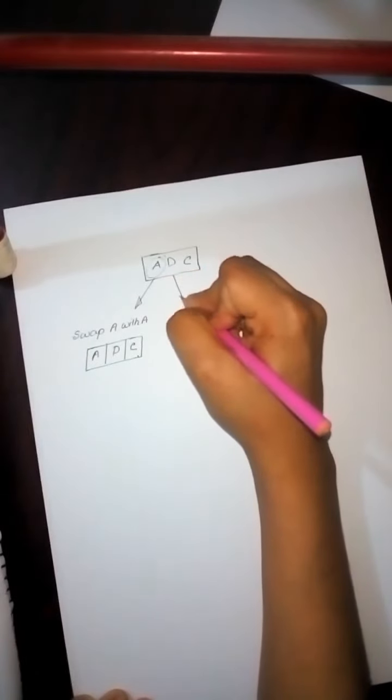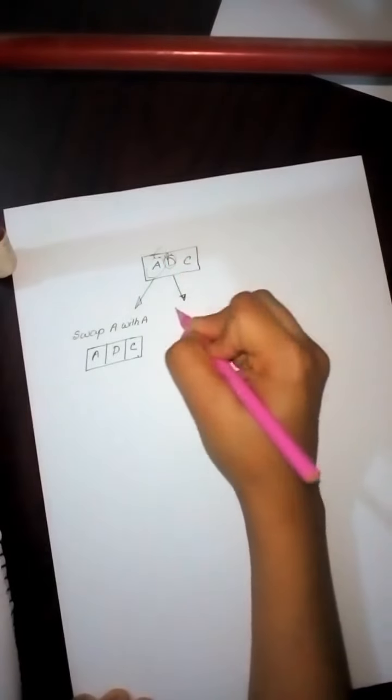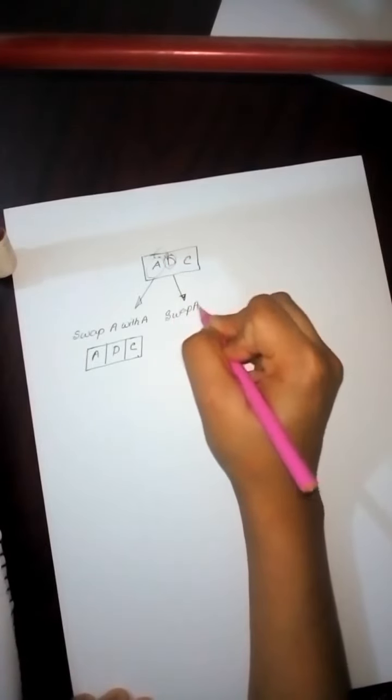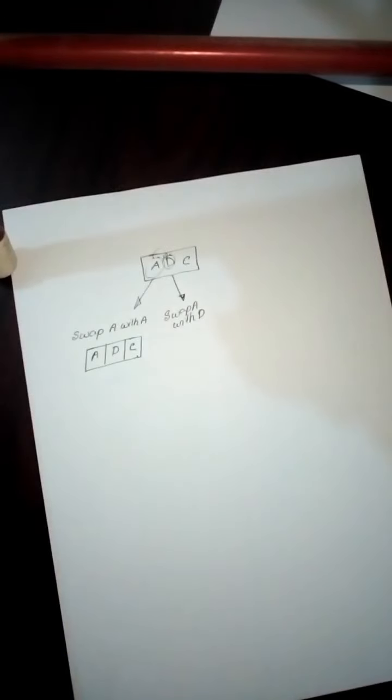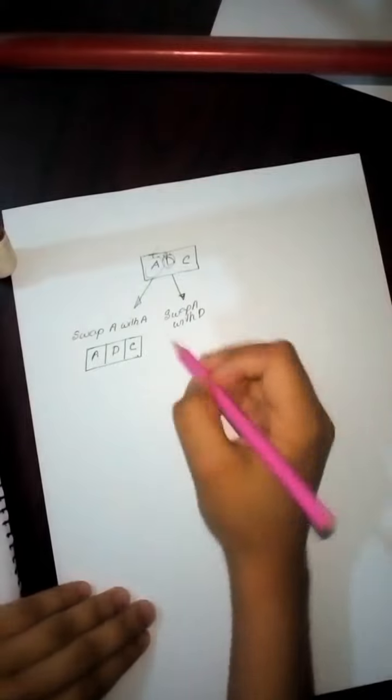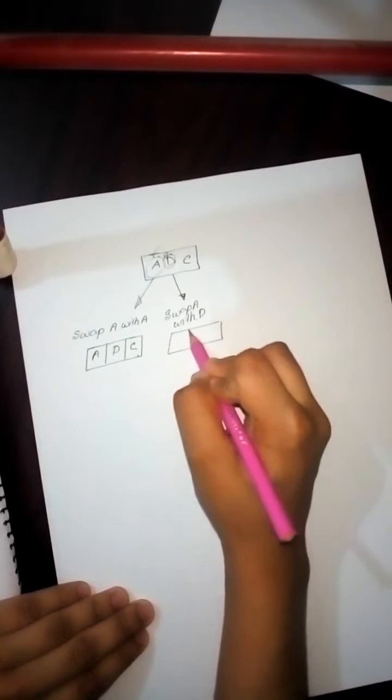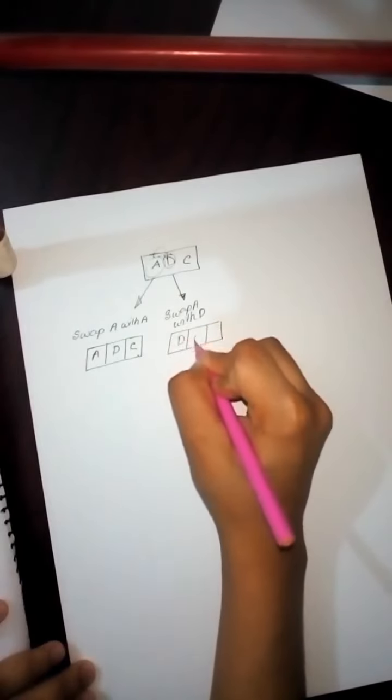Then it will iterate to the second position, and i will come to the second index D, and swap A with D. Here we can see in the code that we are going to swap this A[L] with A[i], and here the i is now D, so we are going to swap A with D and it will become DAC.